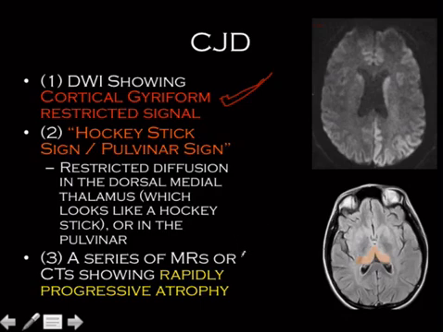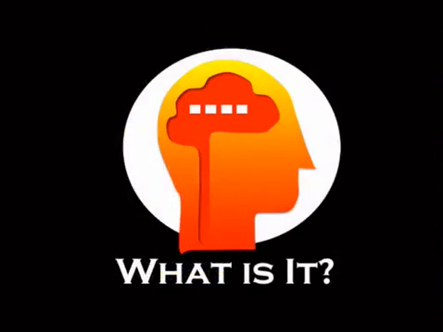And the third most likely way is a series of CTs or MR showing you rapid progressive atrophy. As a piece of trivia, restricted diffusion is the most sensitive sequence. That's true with CJD and with herpes. And the protein assay that you would look for in the LP is this 14-3-3 protein. Family med or Step 1 trivia.